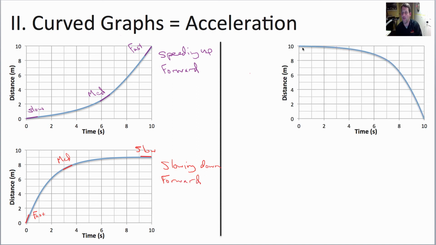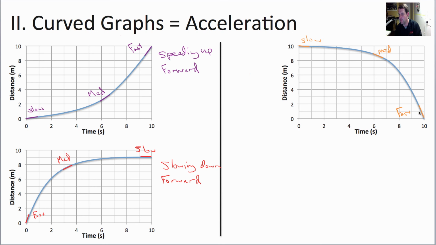So in this graph, we'll draw our 3 tangent lines again. Our first one is sloping about like that. Our middle one looks about like that. And our ending one is about like that. And of course, from that, you can see that this is not steep, so slow. A medium steepness, medium speed, and really steep here, fast. Remember, it doesn't matter whether it's sloping up or sloping down.